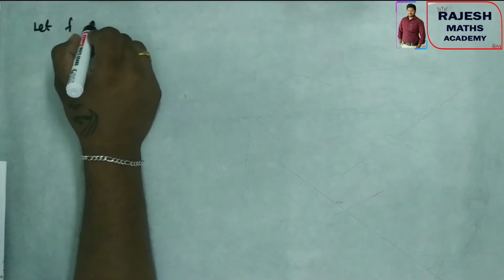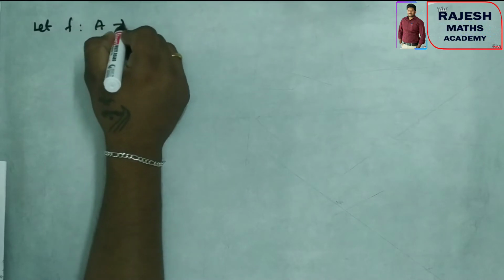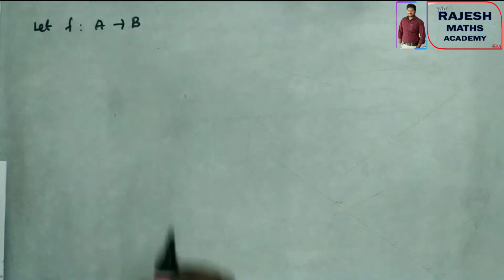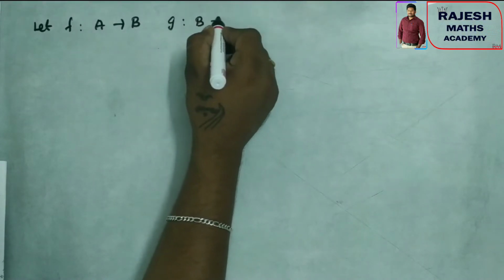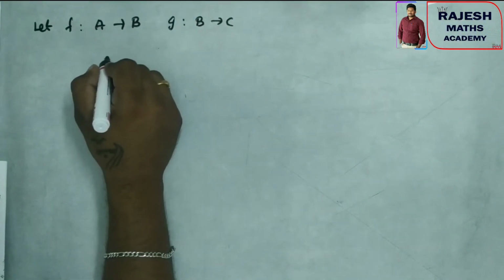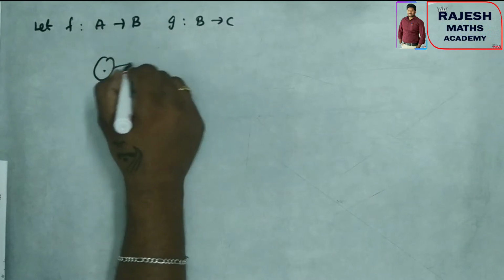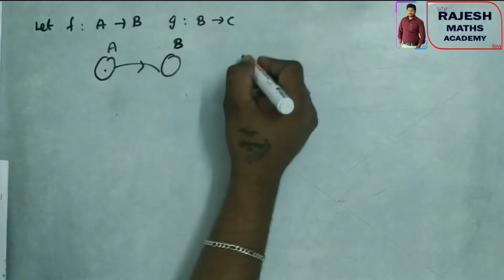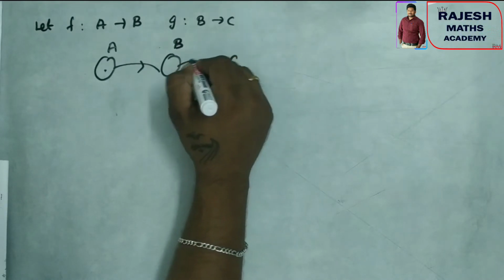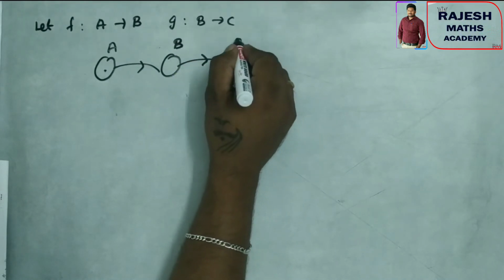Let f be a function from A to B, and g is another function from B to C.